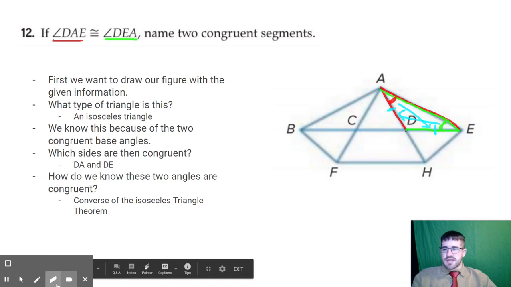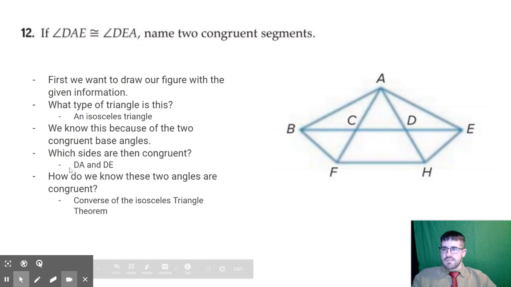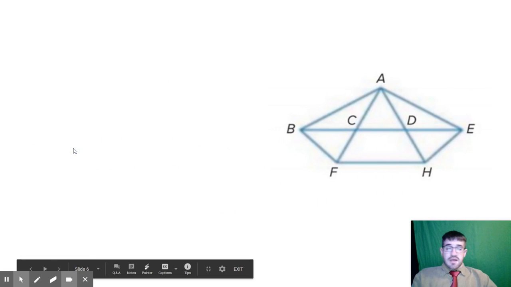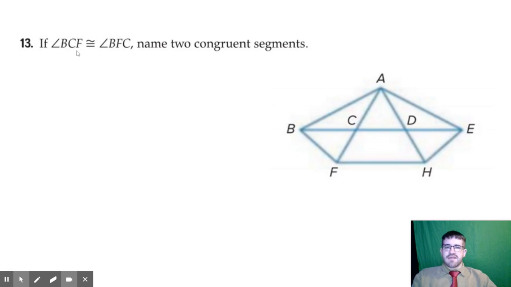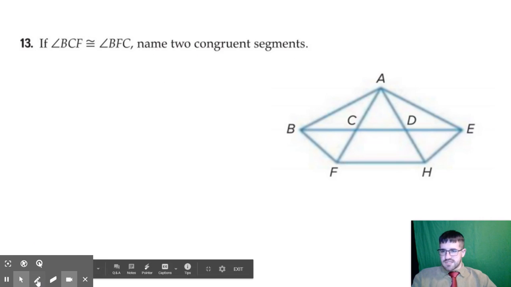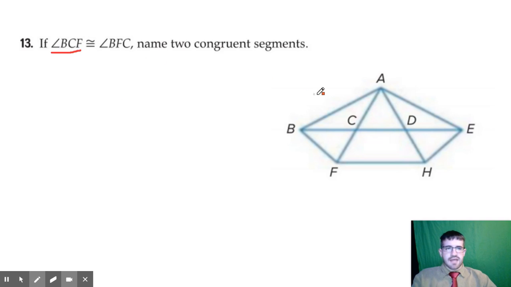So if you need a little bit more time, you can pause the video. For problem 13, we are given that angle BCF is congruent to angle BFC. Name two congruent segments. This is just like the last one. We're going to highlight BCF in red.